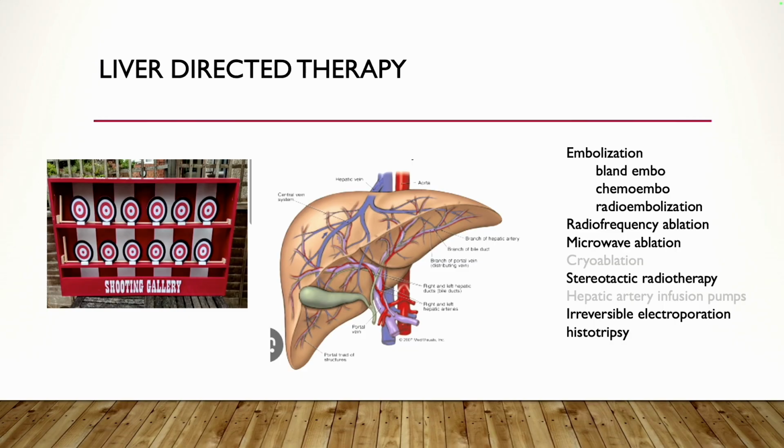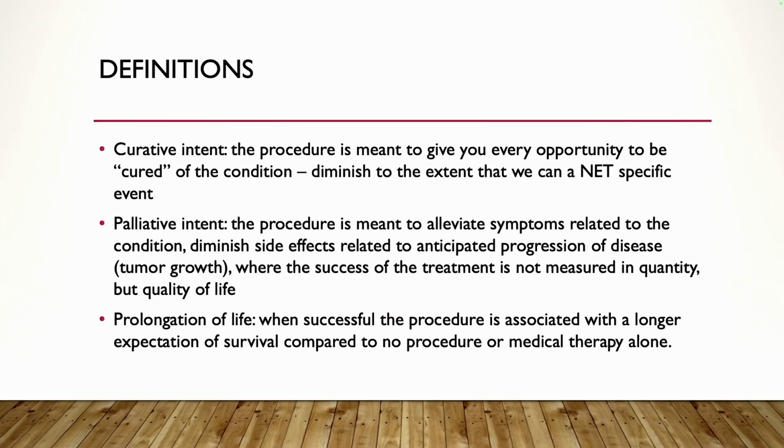Stereotactic radiotherapy is when we use the techniques that are often used in the brain to treat individual tumors within the liver. Hepatic arterial infusion pumps are also liver-directed therapies that are highly unlikely to be used in neuroendocrine. Irreversible electroporation is using electrical waves to kill tumors. And then the emerging technology of histotripsy uses high-frequency ultrasound.